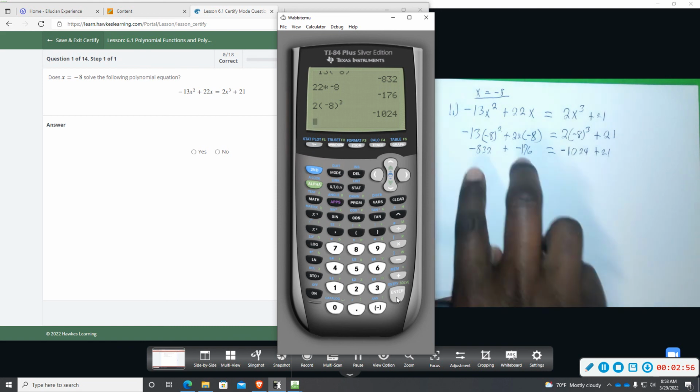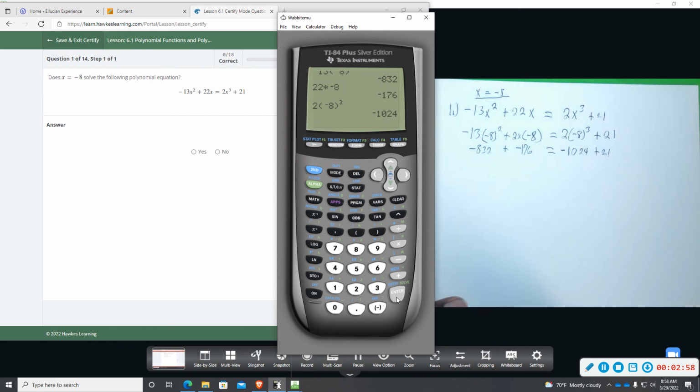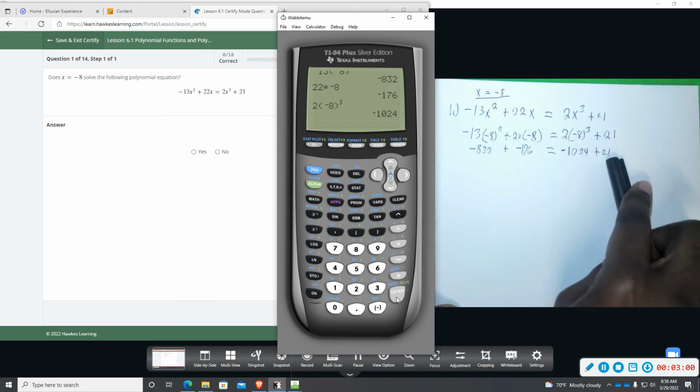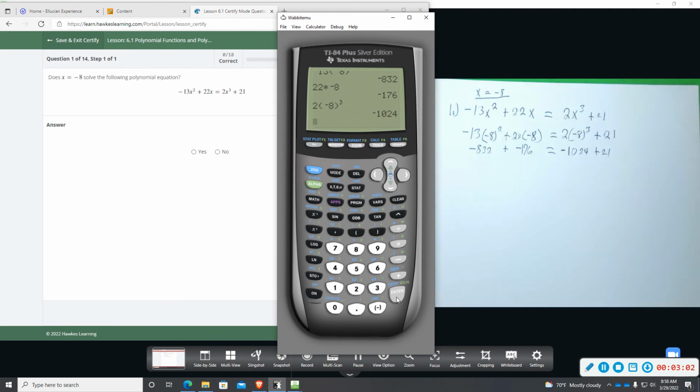So we want to know, do both these sides come out to be equal? We're just going to add these, combine these, and see what we get. Negative 832 plus a negative 176.